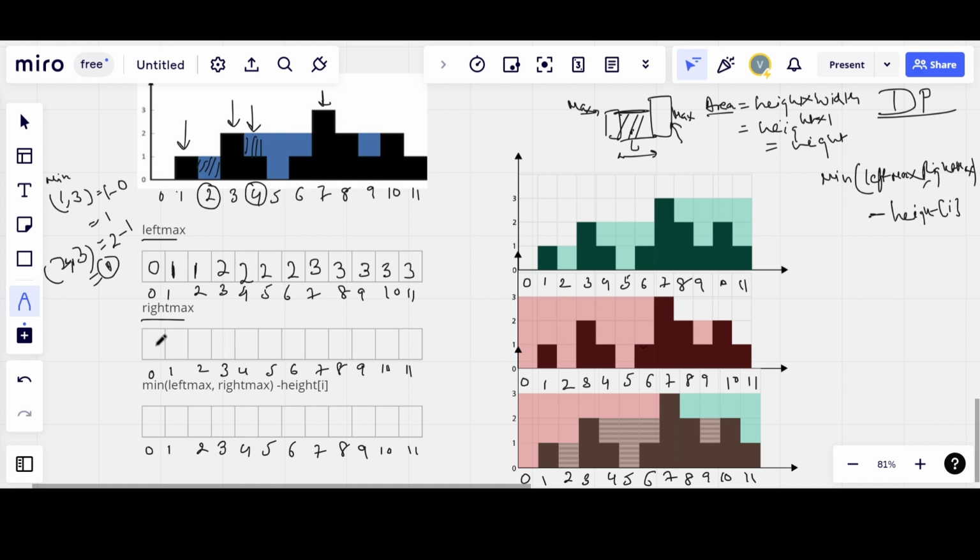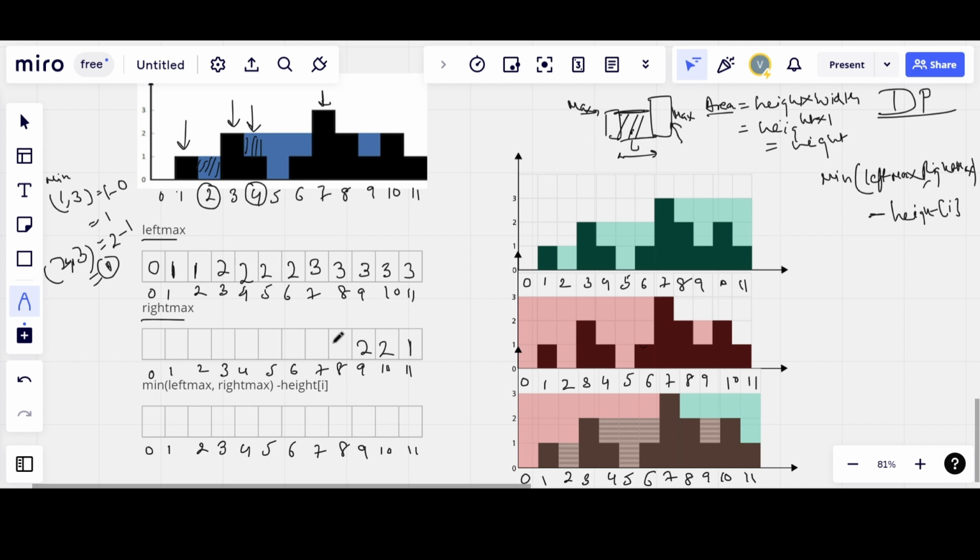Similarly we will maintain the right max, but starting from the last index. At the last index, 11, there is no bar on the right side and the current height is 1, so the right max will be 1 for index 11. For 10 it will be 2, for 9 it will be 2, because the current height is 1 but there is a bar at index 10 that has height 2, so we will take the right max at index 9 as 2.